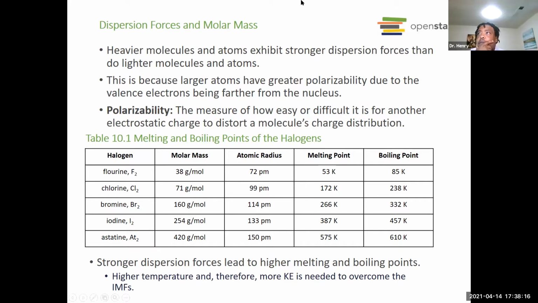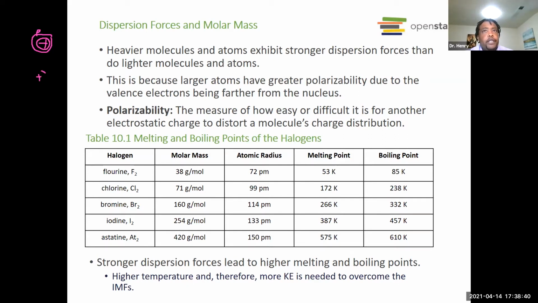So let me see if I can say this a different way. I know we just jumped in. This is going to represent the nucleus, right? In terms of fluorine, the electrons are really close to the nucleus, sitting around it. This here is going to represent the nucleus of chlorine.